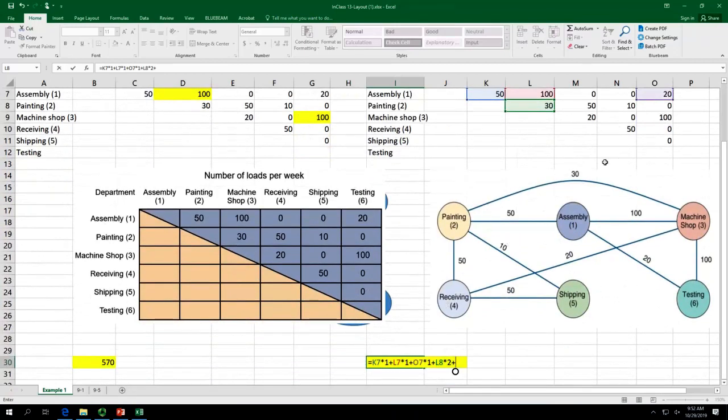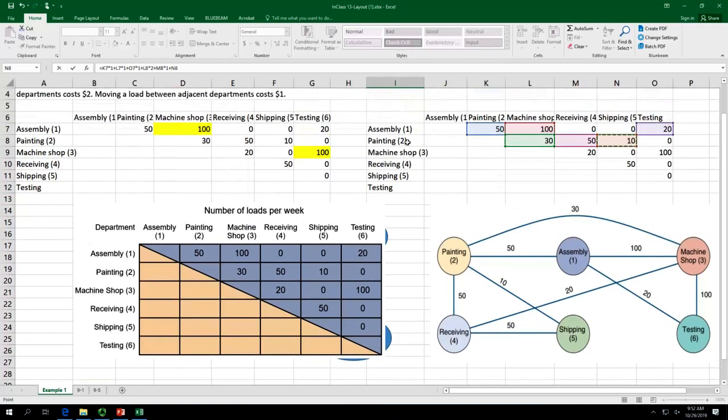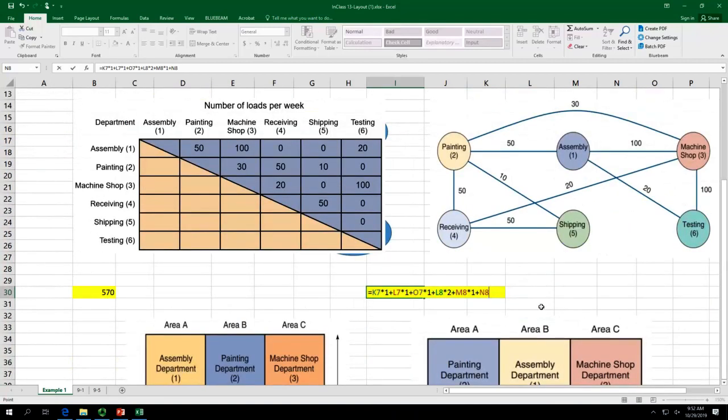It is close with each other. This is 50 times 1 plus, this is 10. Where is 10? It is 2 and 5. So look at 2 and 5. And this is adjacent but diagonal. So it is times 1.